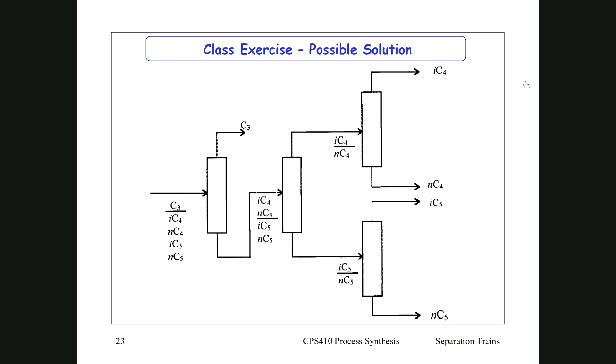And my personal preference is in fact the C4 to C5 split as the first one, because you still get 2 heuristics that are applying. The one is equal molar flow, and the other one is, it's not quite the easiest separation that you want to do first, but it is darn close. You know, it was 2 points.